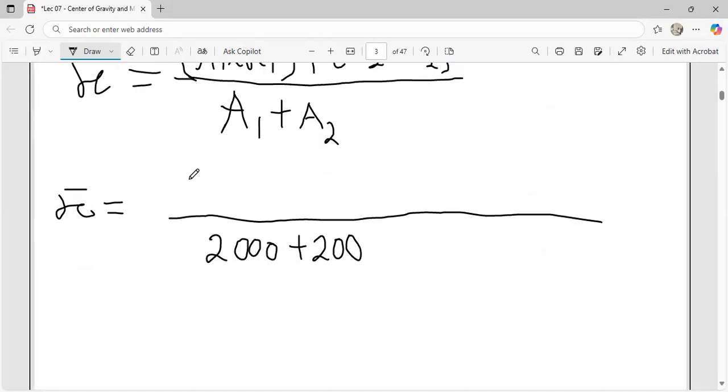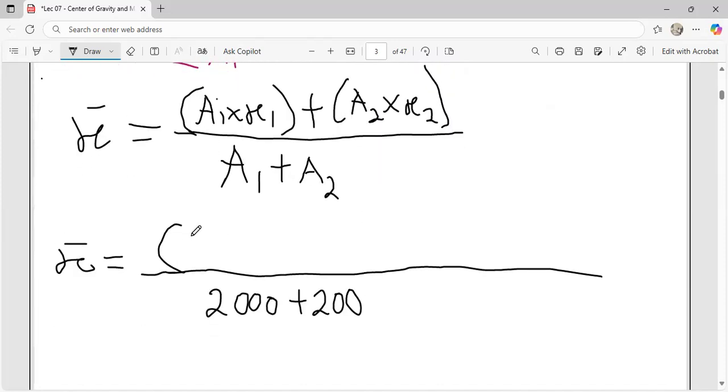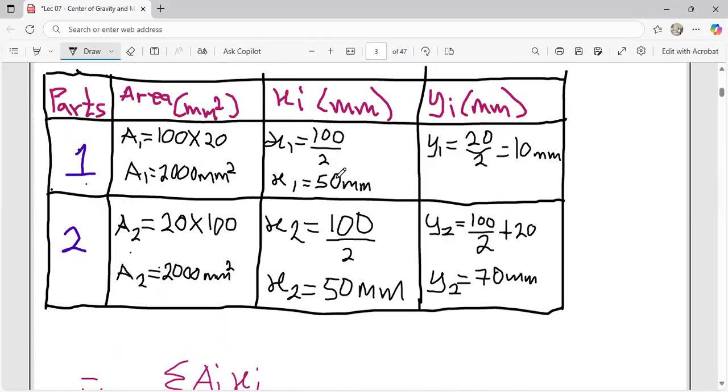And then the numerator, we have to express it as 2000 times the x1. And what is the value of the x1? The x1 was 50. Let's move to our table and see. You realize that our x1 over here is 50, and the x2 is also 50.